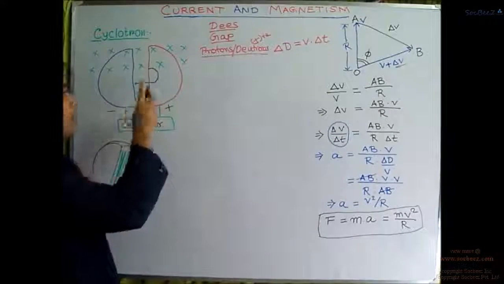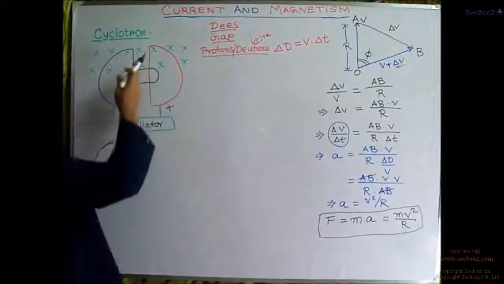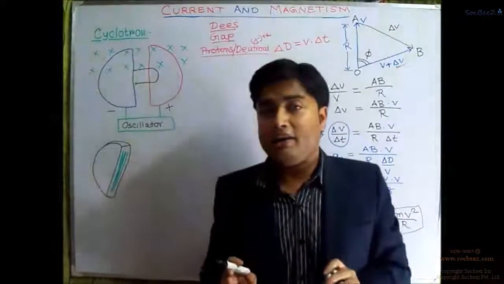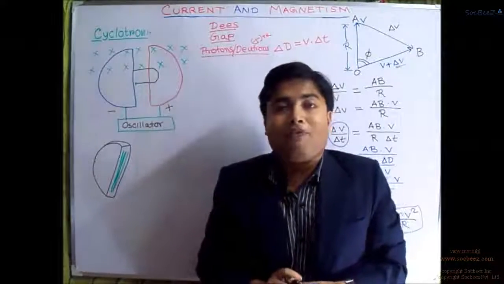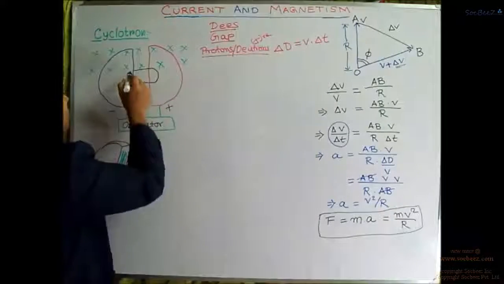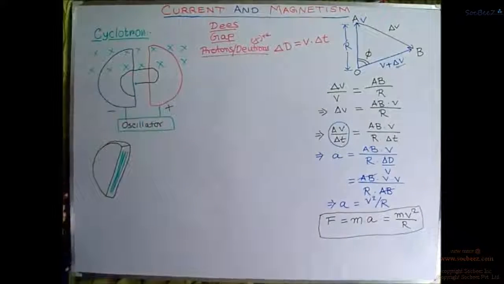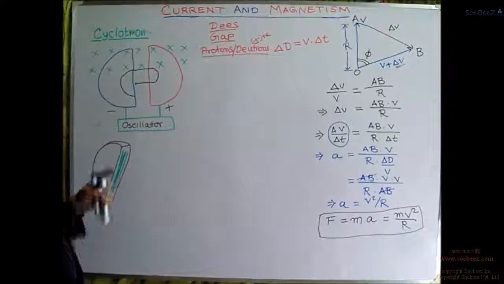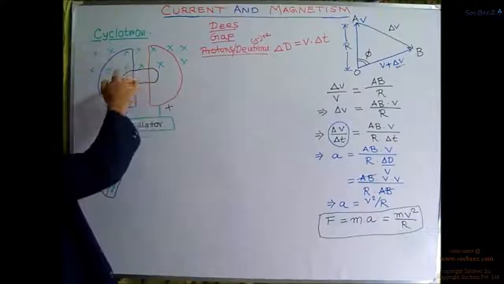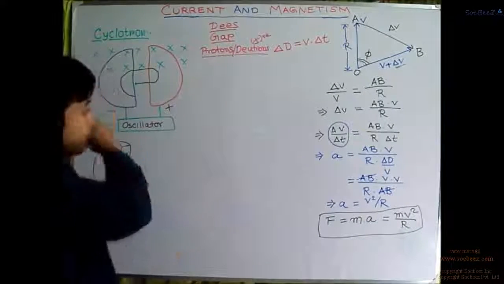Within the gap they go in a straight line. After that, whenever it again enters the D, it will find that there is no electrostatic force, but the magnetic force is present. So there will be a circular motion. But now, as you can see over here, the radius has increased, right?